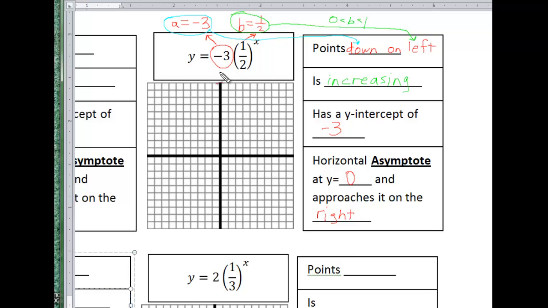Okay, sketch our graph. Y-intercept of -3. And as we move to the right, we multiply by half. Well, half of -3 is -3/2. 3/2 times a half is 3/4.